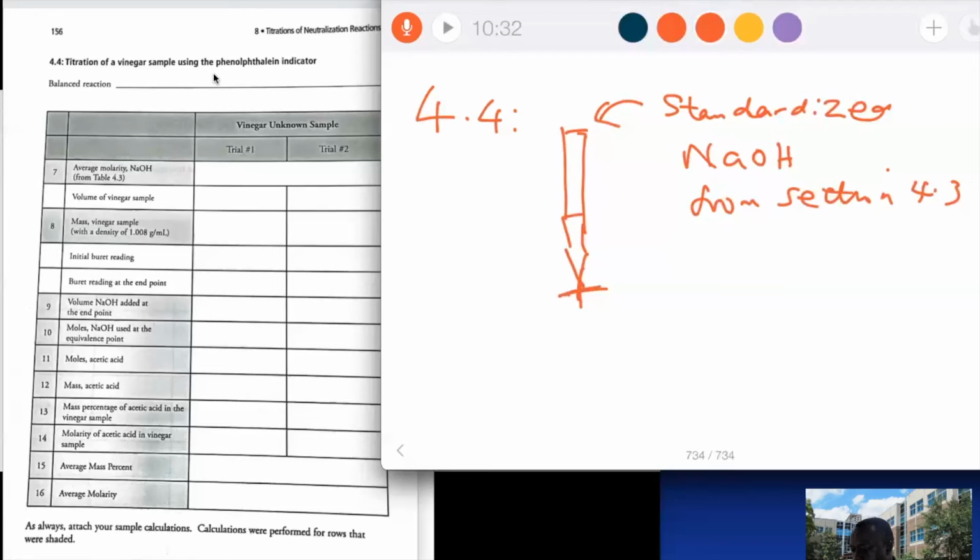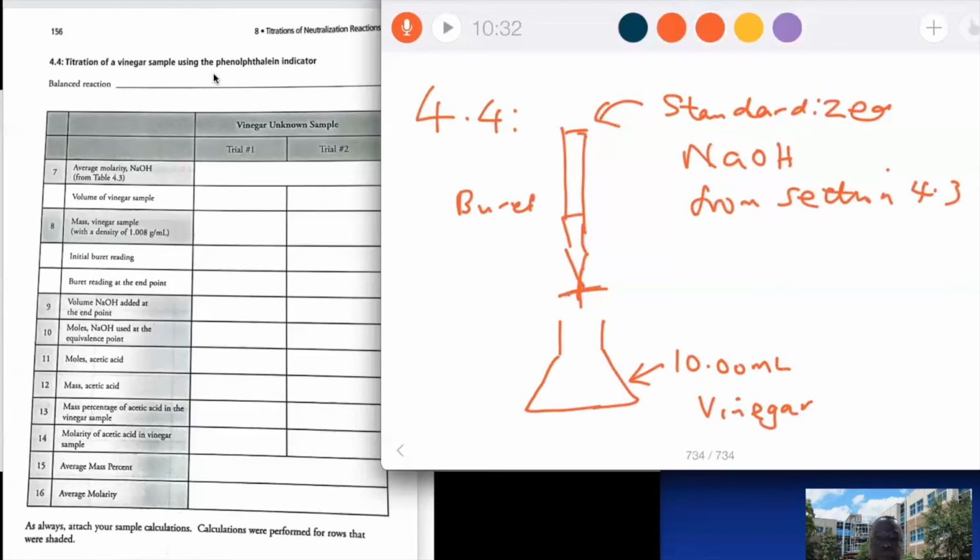This is the burette, and this is our vinegar. We have here 10.0 ml of vinegar.